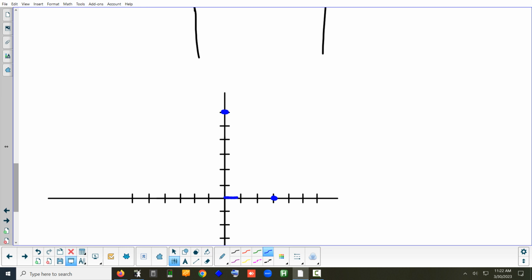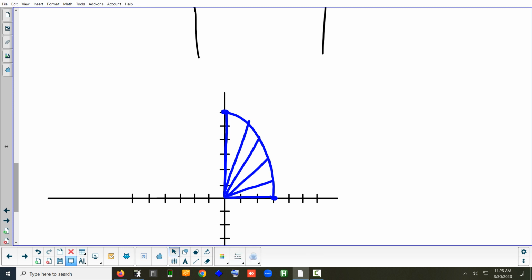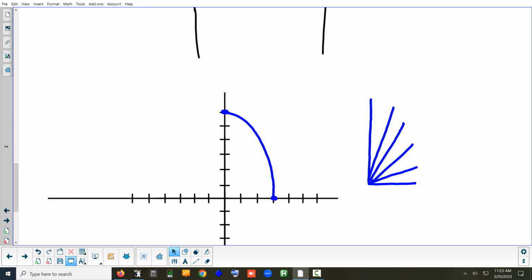The further you rotate, the more and more the radius is growing, so my lines start getting longer and longer as I rotate. Any questions on that idea? So it's going to look something like this. It's as good as I can draw. So it's kind of like fanning out. The radius is growing the entire time.